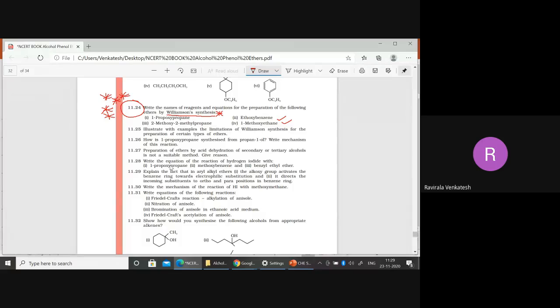Shall I take 2-methoxy-2-methylpropane? Yes, sir.